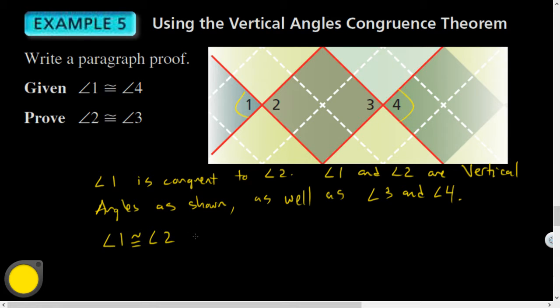Angle 1 is congruent to angle 2, and angle 3 is congruent to angle 4 by... What's my justification? Vertical angles congruence theorem.